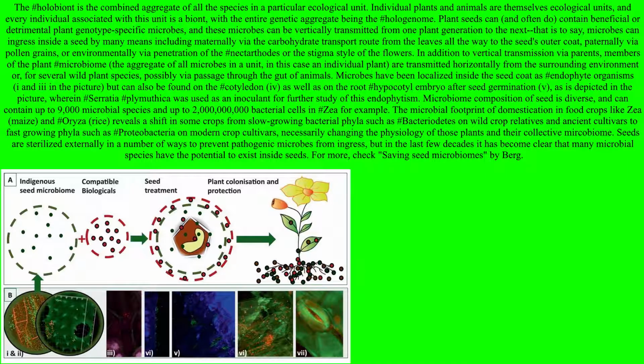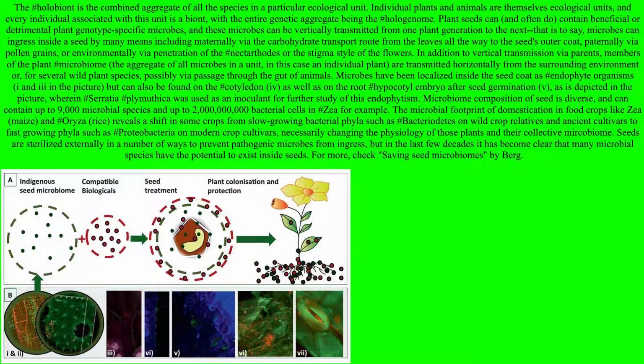The microbial footprint of domestication in food crops like Zea, maize, and Oryza, rice, reveals a shift in some crops from slow-growing bacterial phyla, such as Bacteroidetes, on wild crop relatives and ancient cultivars, to fast-growing phyla, such as Proteobacteria, on modern crop cultivars, necessarily changing the physiology of those plants and their collective microbiome.